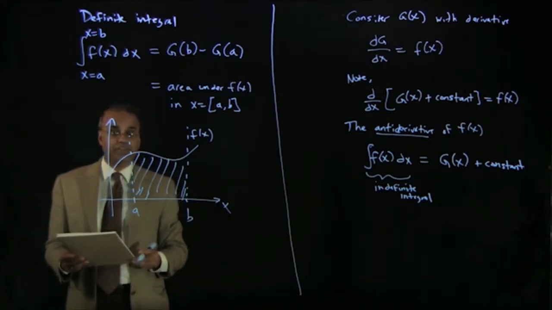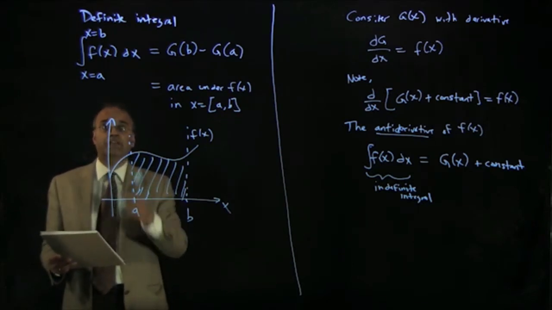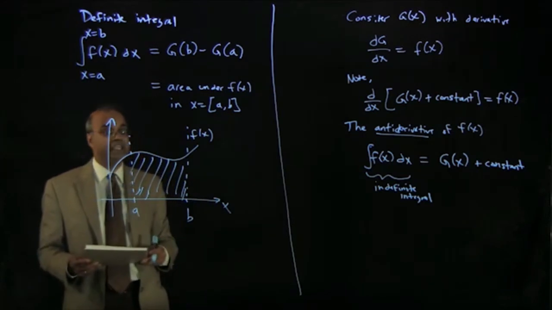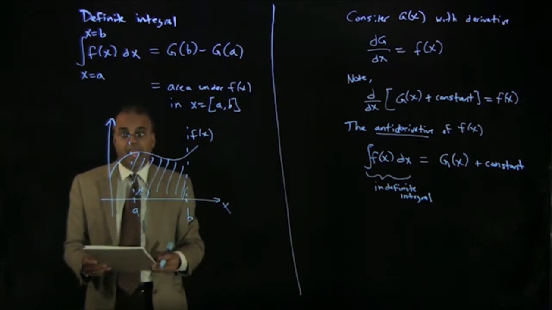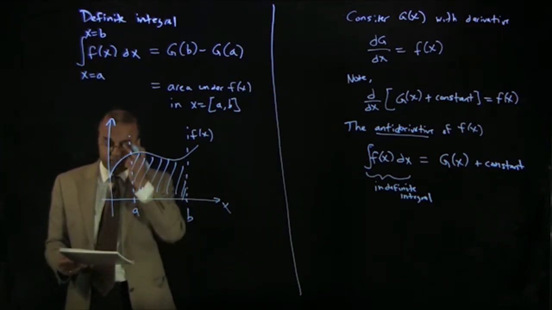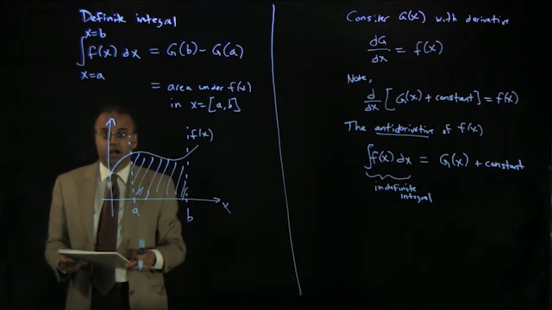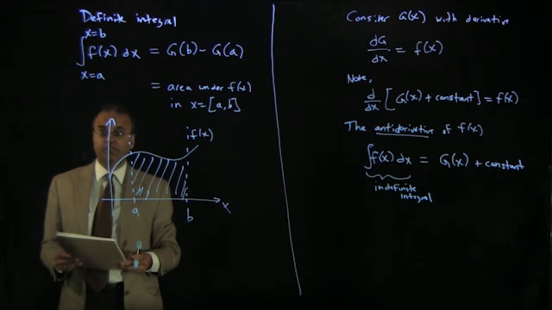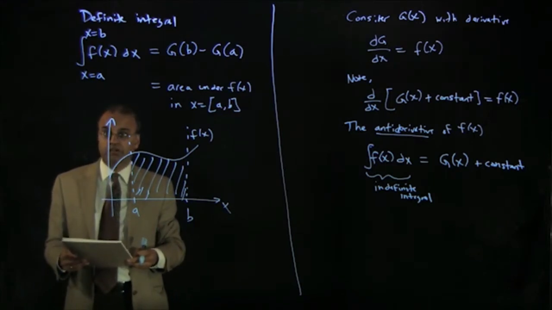So calculus tells us how to solve this area problem, how to compute a definite integral from the antiderivative that you get from indefinite integration. And so this same technique tells us how to determine the velocity from the acceleration, since we saw that that was equivalent to an area under the curve problem.